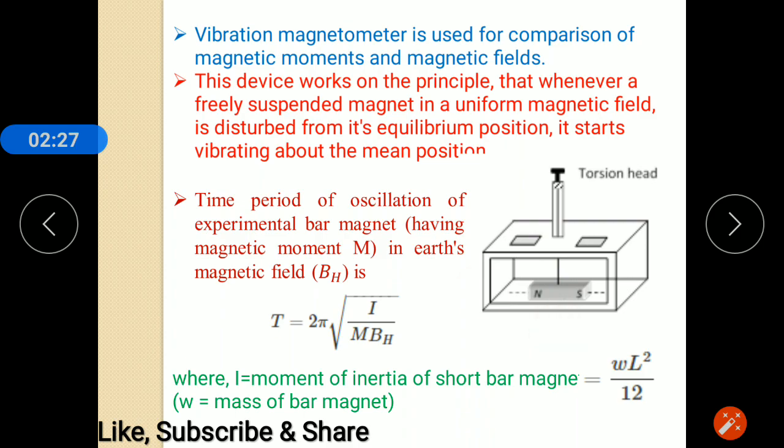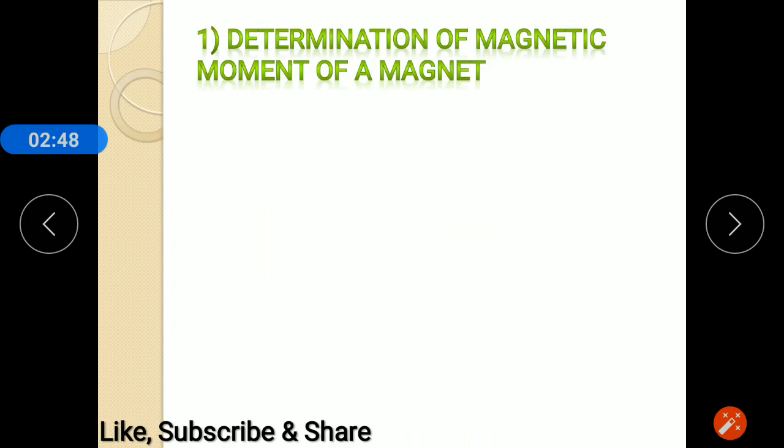Here the short bar magnet is considered as a uniform rod, and its moment of inertia about the center is fixed, that is W L square by 12, where W is the mass of the bar magnet.